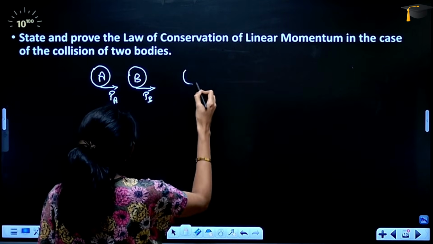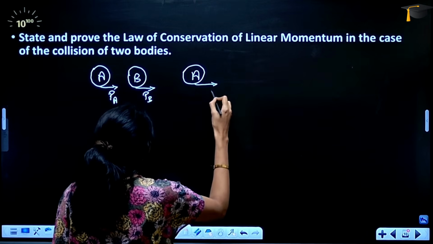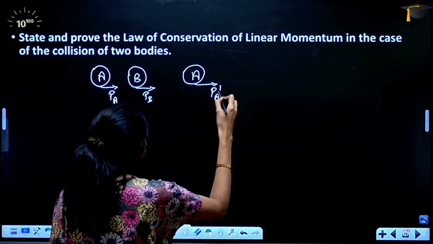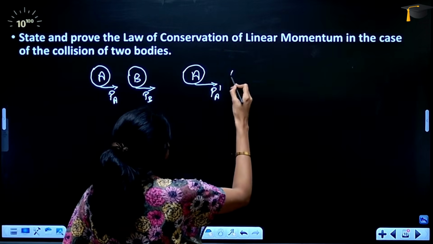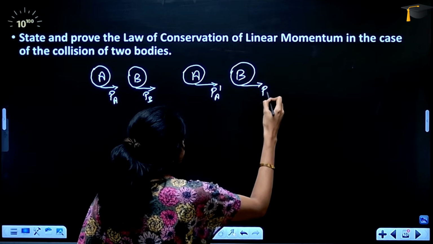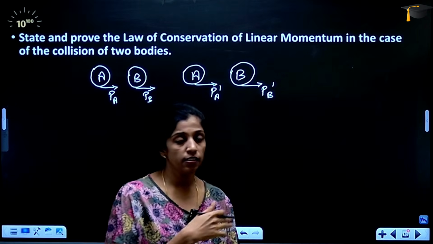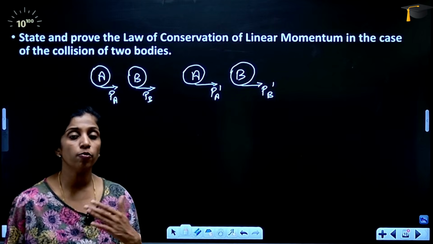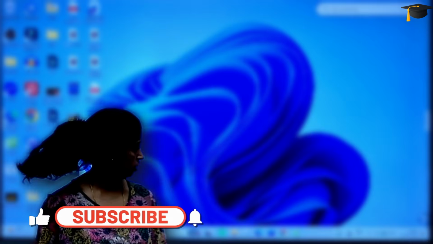After collision, of course, the velocity changes, and that's the reason the momentum also changes to PA dash, or PA prime, after collision. Similarly, the other body's velocity also changes and its momentum changes to PB dash. This is after collision. Now we will have to prove that the momentum before collision is equal to the momentum after collision.